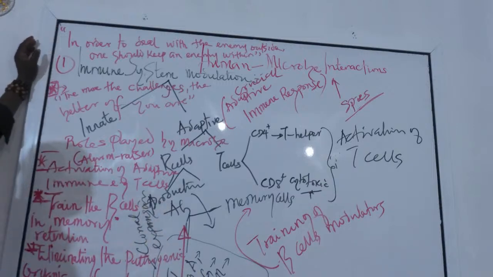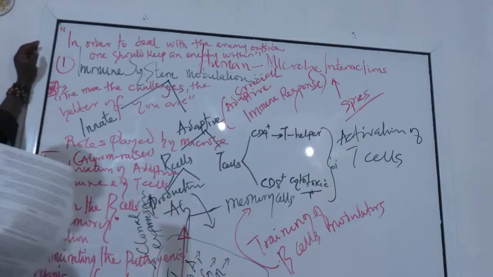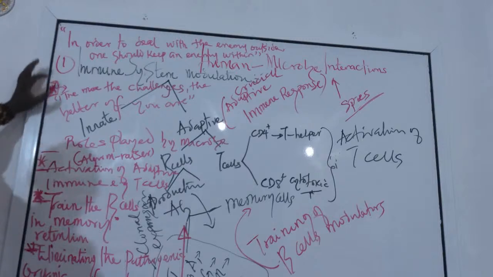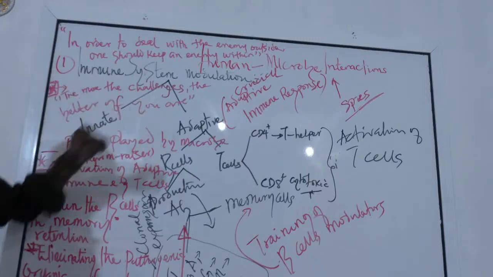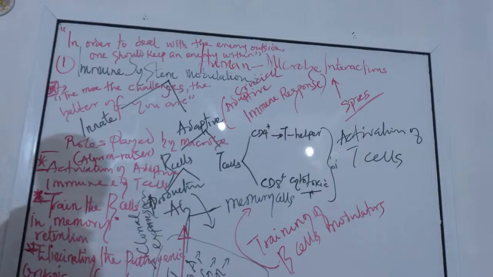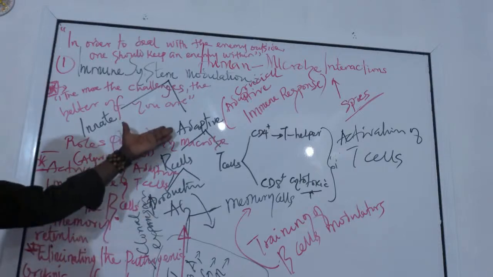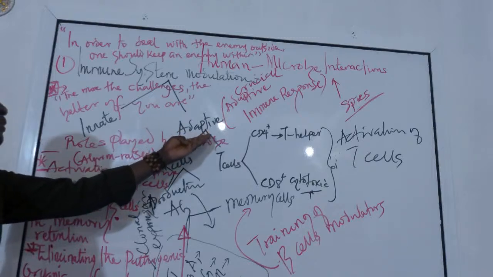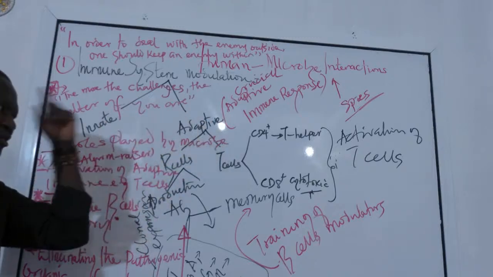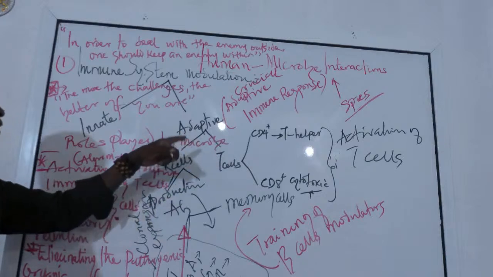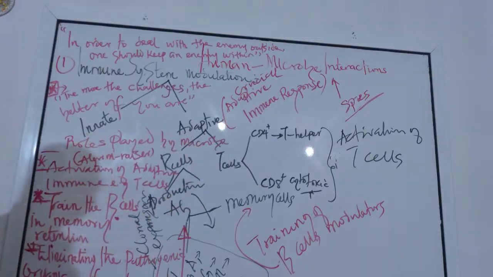The first one is that in order to be able to deal with the enemy outside, you should be able to keep an enemy within. And the second one is that the more challenges you face in life, the better you are, the more experienced you become. And when we are talking of experience, we are referring to the adaptive arm of the immune system.